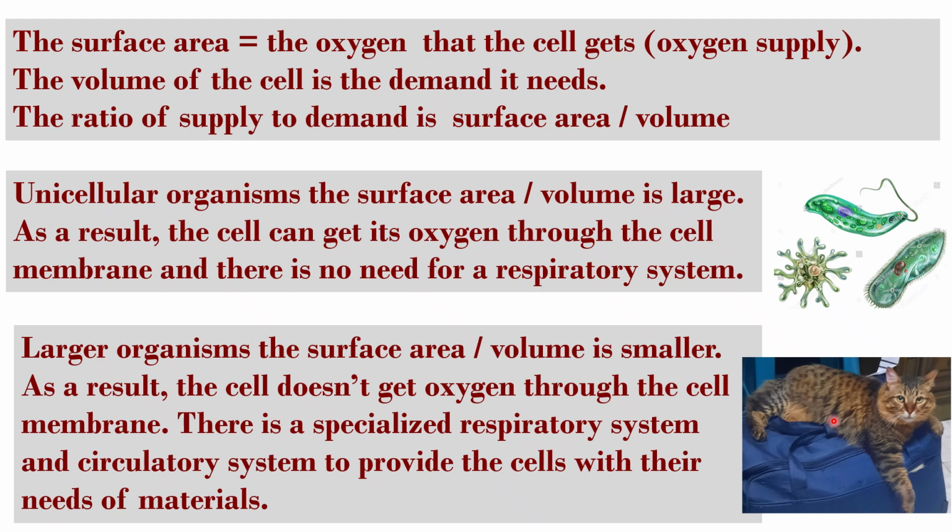Instead, it has a specialized respiratory system. It has lungs, like we have lungs, in order to get oxygen, and it has a circulatory system, heart and blood vessels, in order to provide the cells with these needs of materials.